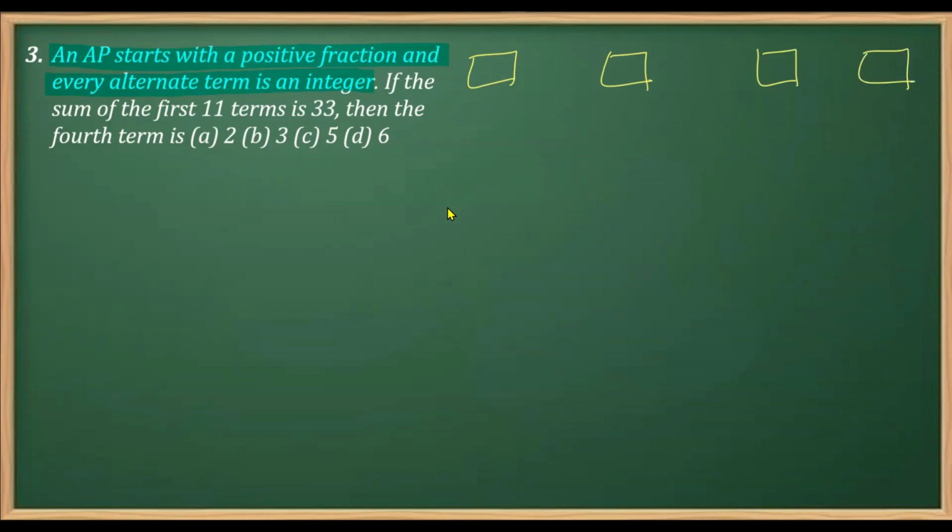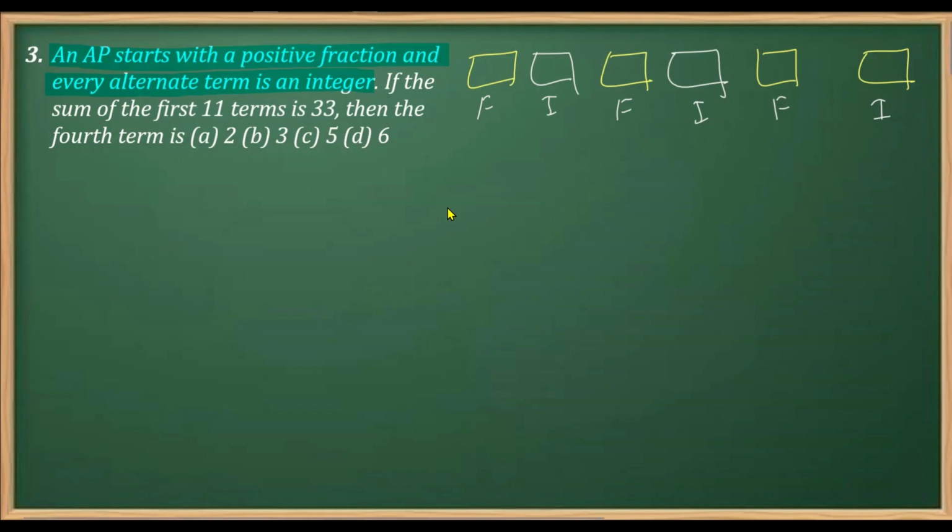Let me complete it. So it's starting with a fraction, and then we have an integer, and then a fraction, and then an integer, and then a fraction, and like this. This is what they mean to say. And a positive fraction.